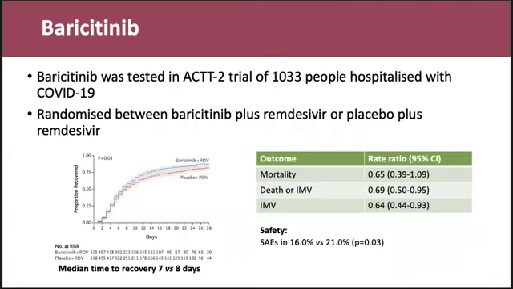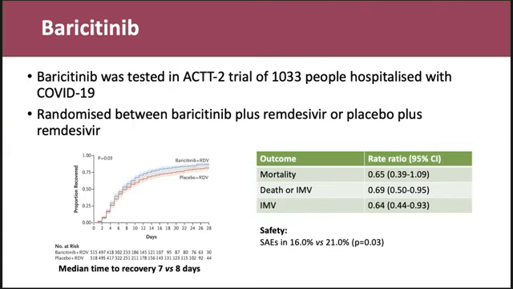Baricitinib was tested in the ACTT-2 trial of 1,033 patients hospitalized with COVID-19 in the United States. They were randomized between baricitinib plus remdesivir or placebo plus remdesivir. The primary outcome for the trial was time to recovery, which was shortened with the addition of baricitinib by 1 day.